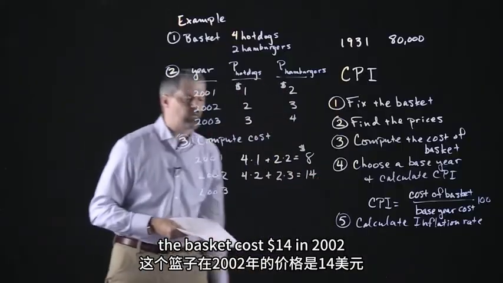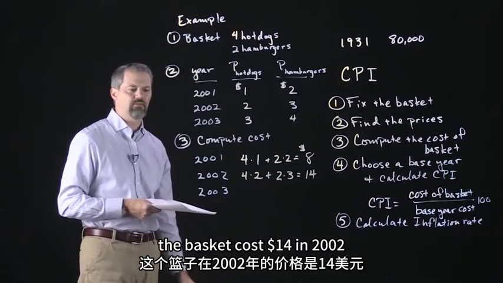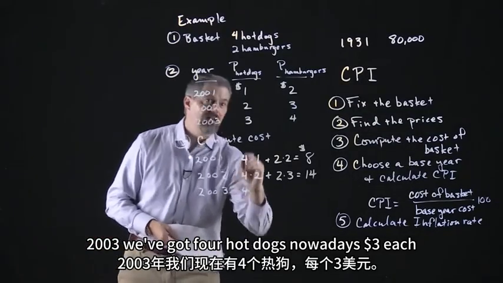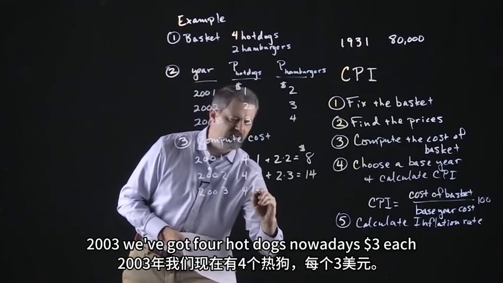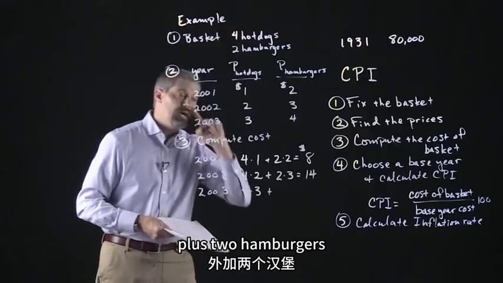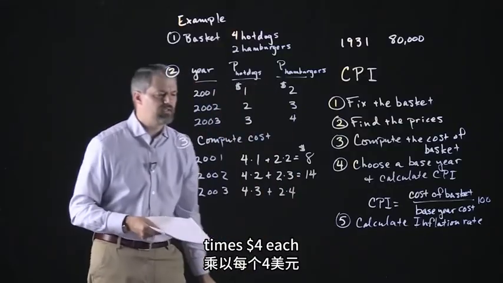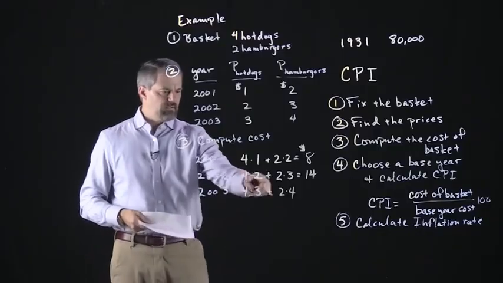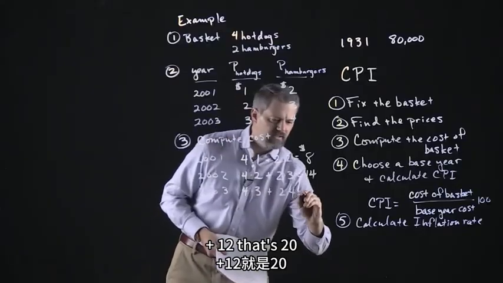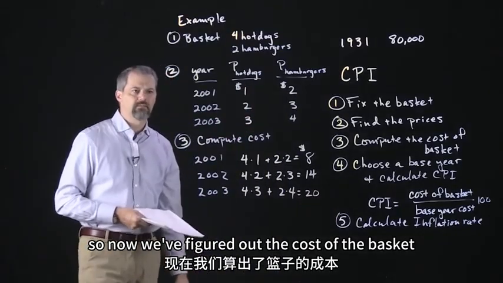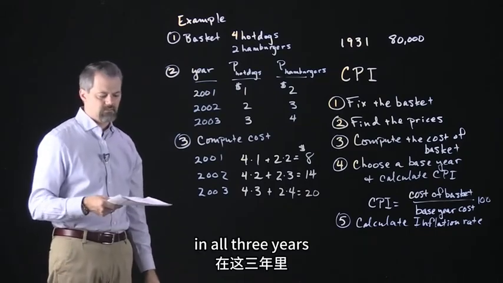The basket cost $14 in 2002. 2003, we've got 4 hot dogs now times $3 each, plus 2 hamburgers times $4 each. That's 8 plus 12, that's 20. So now we've figured out the cost of the basket in all 3 years.